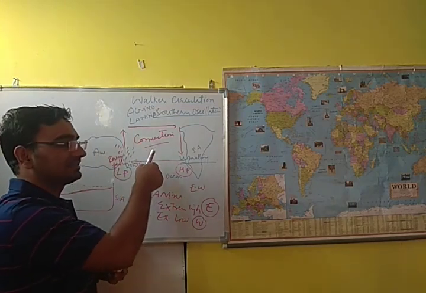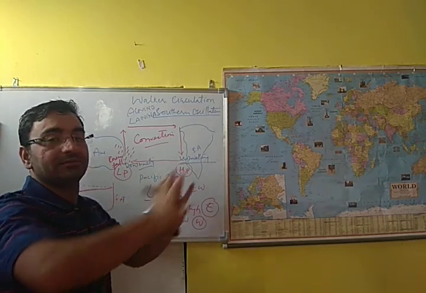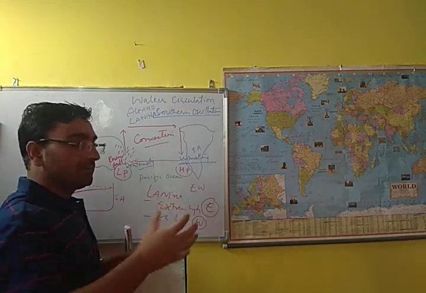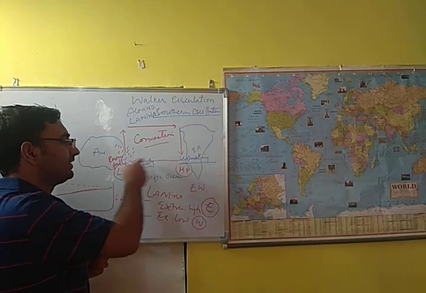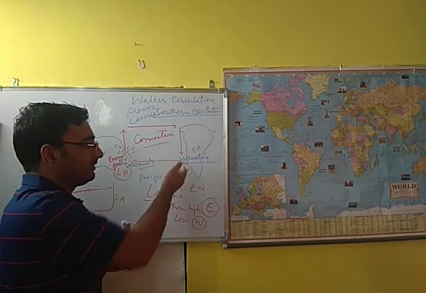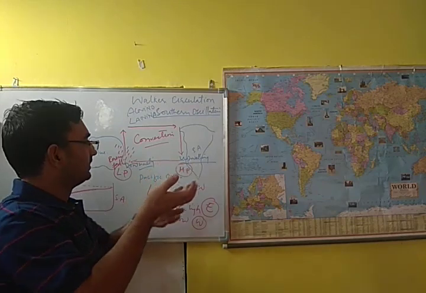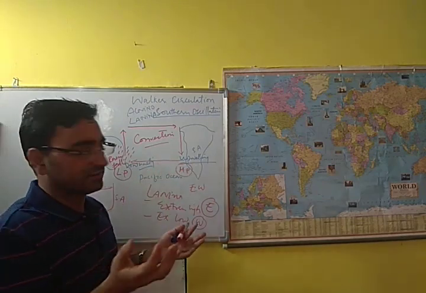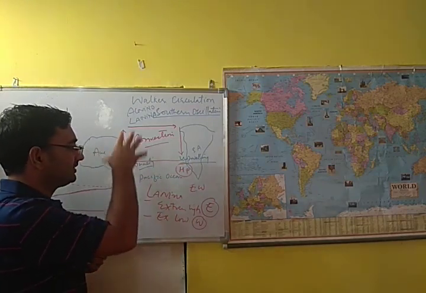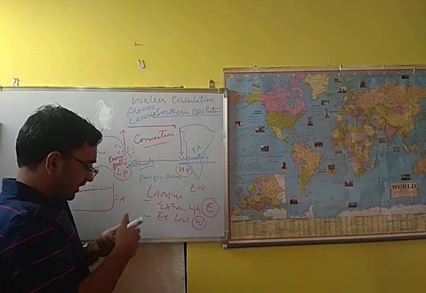The same thing is there, but it will be very extreme. So the winds will be very severe, and there will be severe upwelling. A lot of nutrients will come to the surface. Sometimes it boosts the fishing industry, and there will be severe downwelling here.